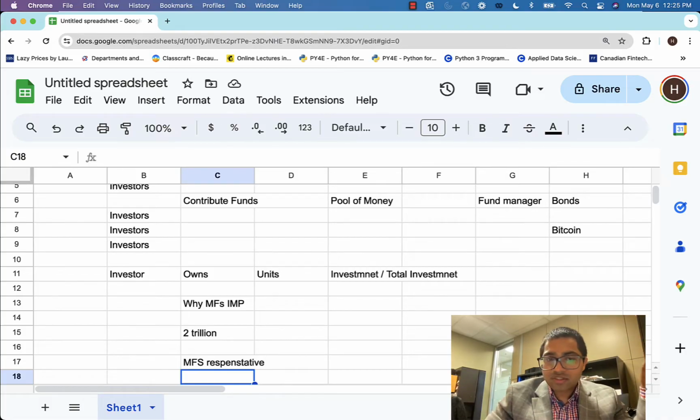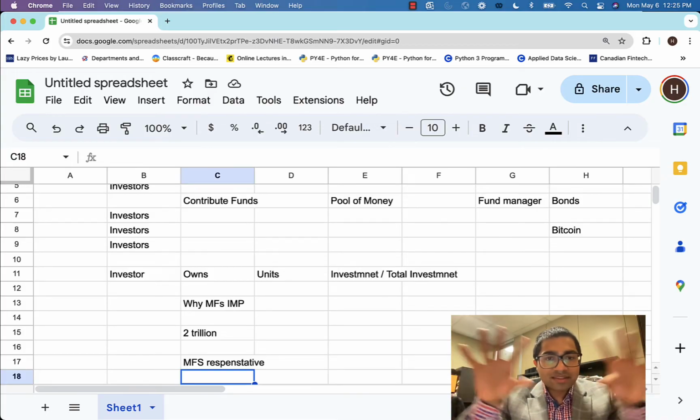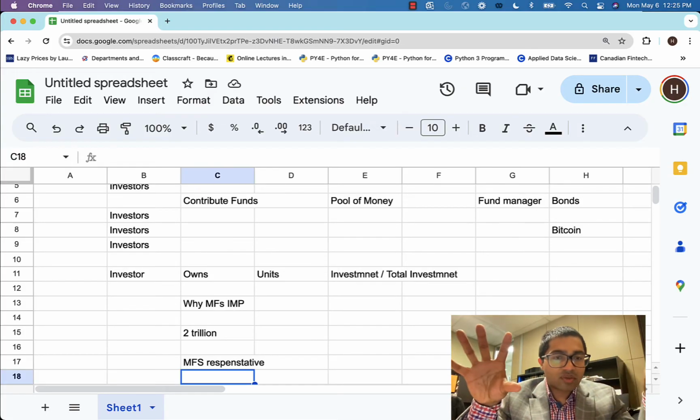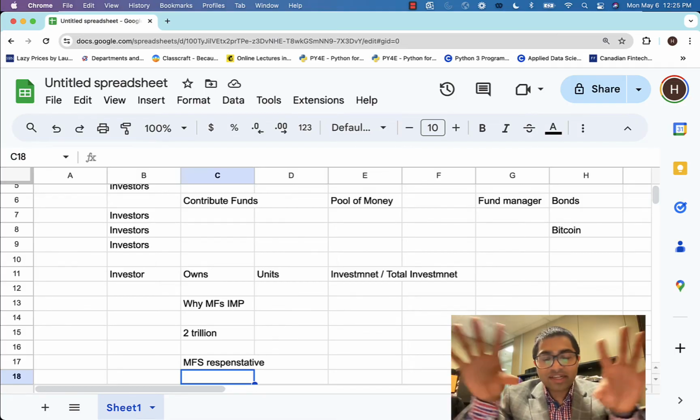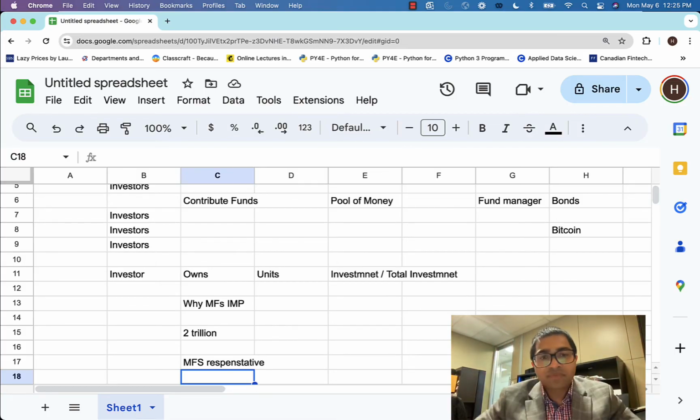Maybe it is a stock market fund, or a bond fund, or an exotic vehicle like Bitcoin funds and all that stuff, and try to match these two circles. So knowing your product, knowing your client, and trying to match these two circles using the suitability rule.